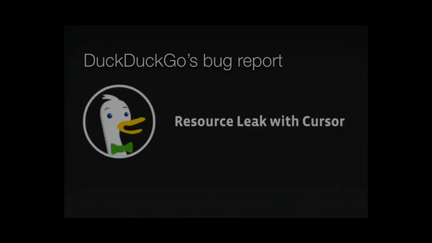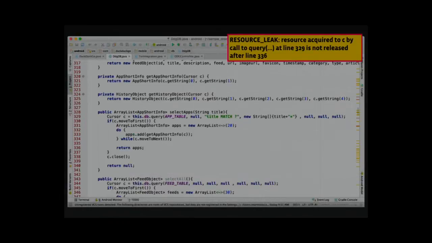So I mentioned that this was just a toy project, but for instance, we run on DuckDuckGo, which is the app for this DuckDuckGo browser search engine. Sorry. So here's an example bug. The report by Infer was there's a resource you acquired at line foo, and it's never released after some other line.